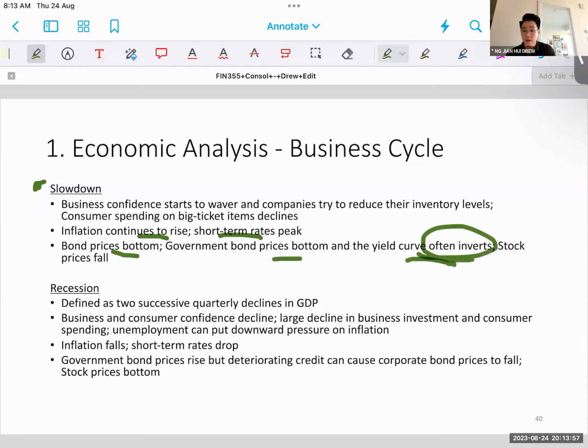Remember, we just talked about that inversion of the yield curve, generally signifying a recession, a slowdown economy. Stock price tends to fall, which is kind of true. We saw that early this year, stock price has been quite volatile, hasn't been a very good market for stocks, right?